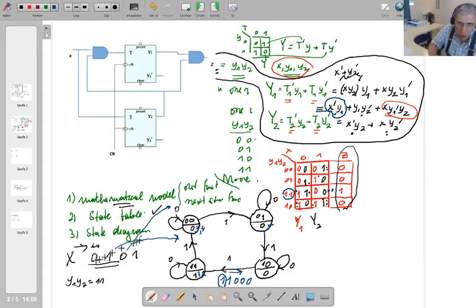So if you apply 0, when you apply 0, your next state is going to be this one, isn't it? So you're not going to observe this, of course, this Z output I am talking about. So let me correct the mistake that I have done here. So delete this one here.